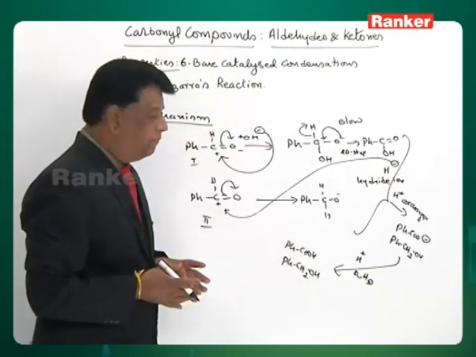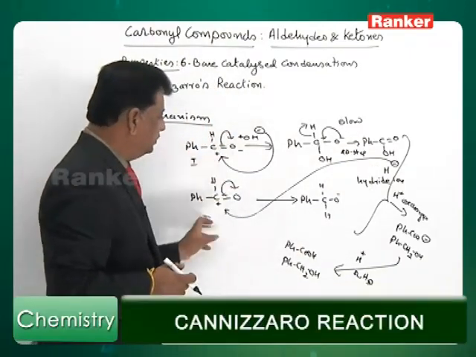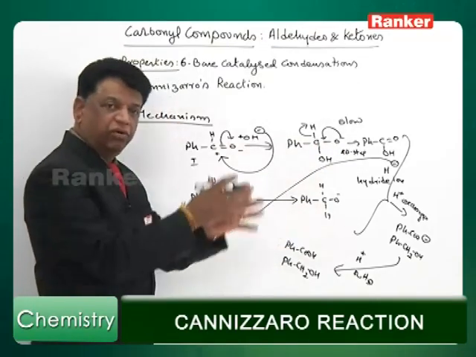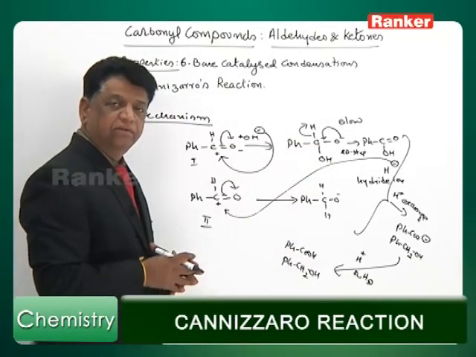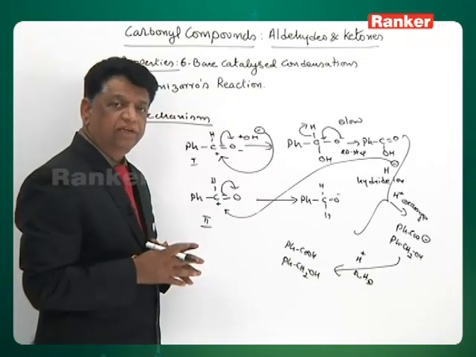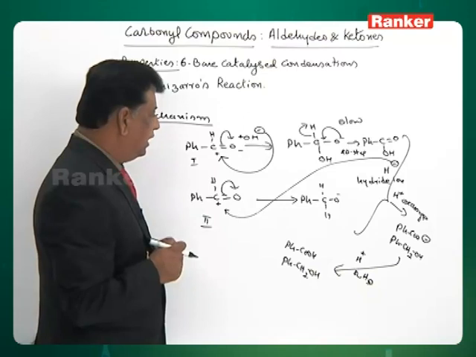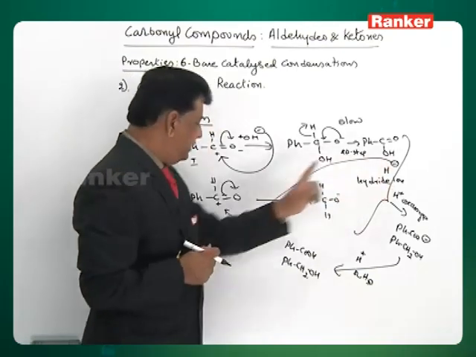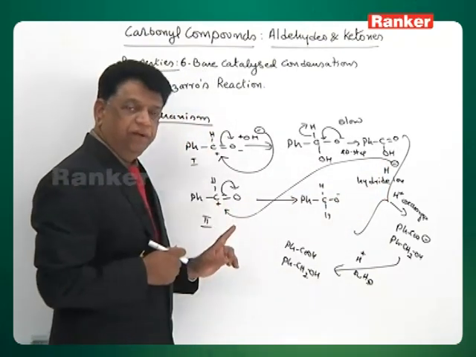So, I can ask, which of the following, this to that, this to this to that, like that 4 or 5 steps I will give and ask you to identify the rate determining step. The rate determining step will always be the slowest step. Now, can you guess whether the H minus attacking on the C plus will be fast or slow?